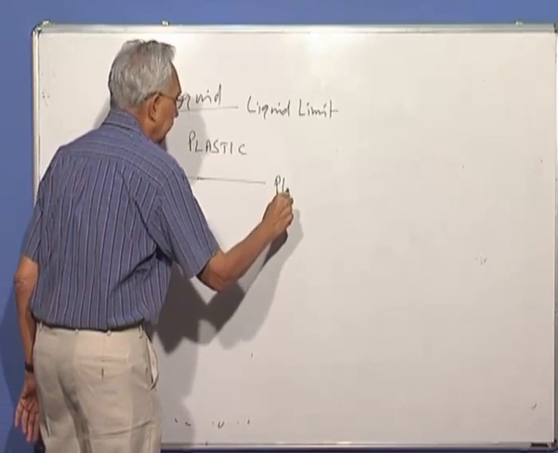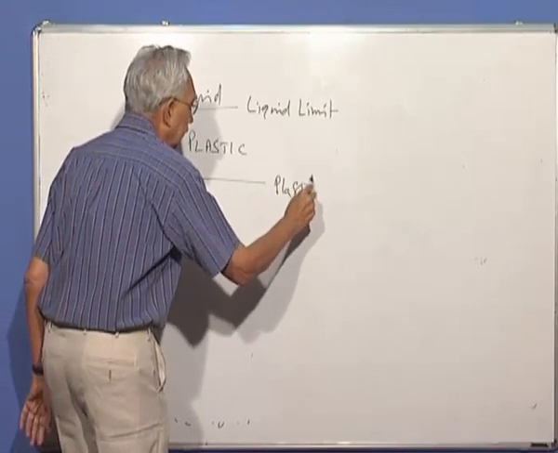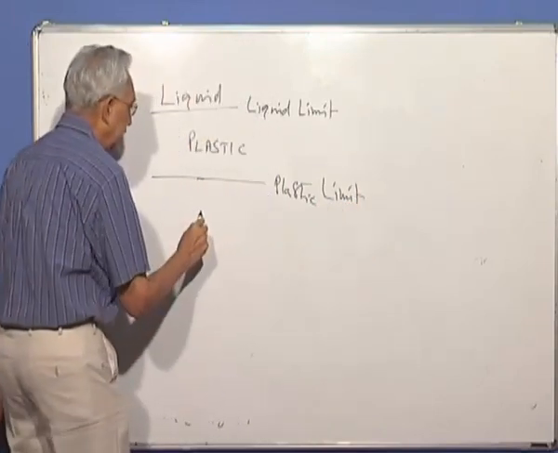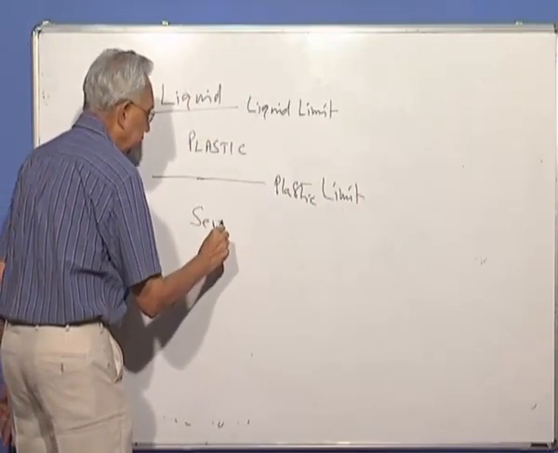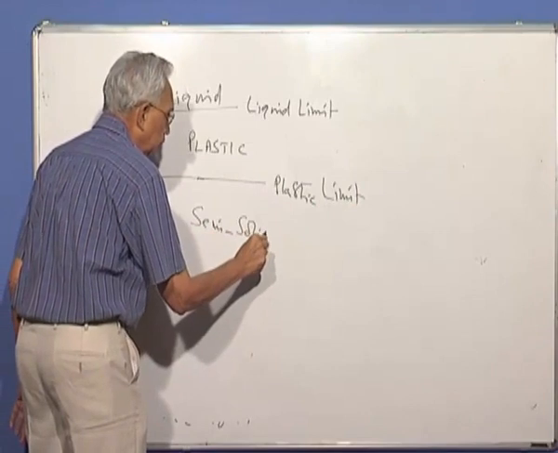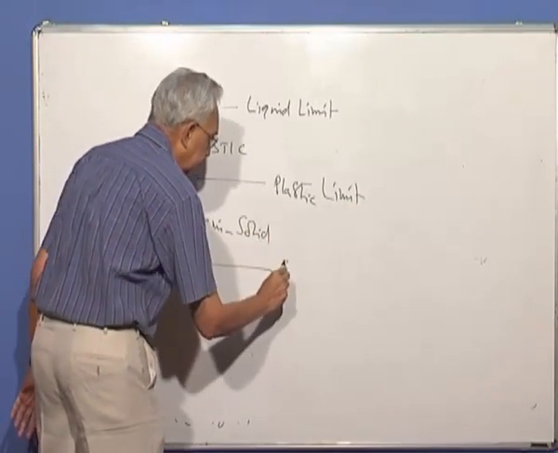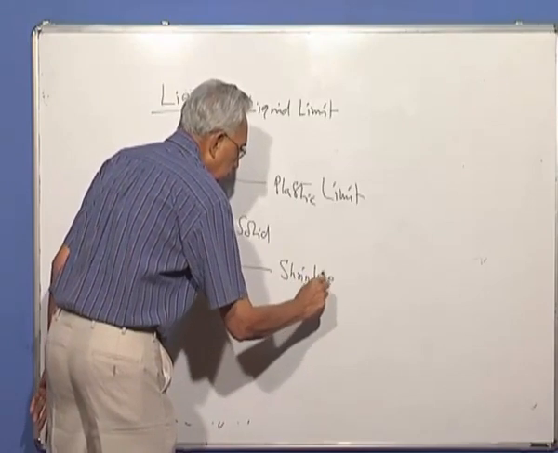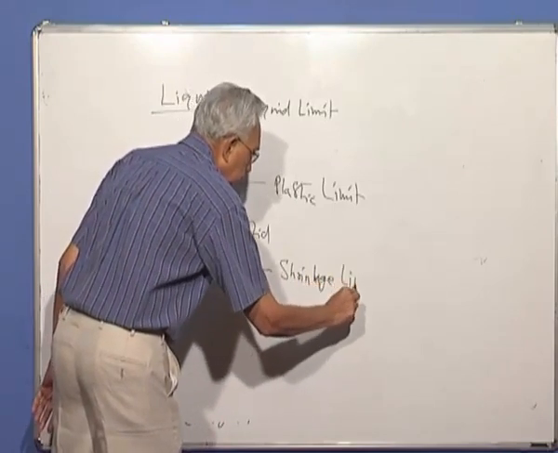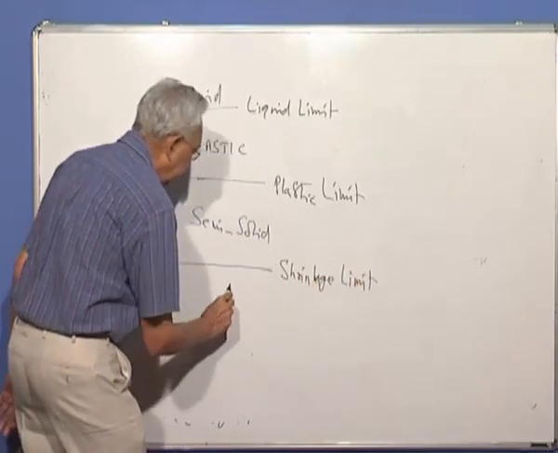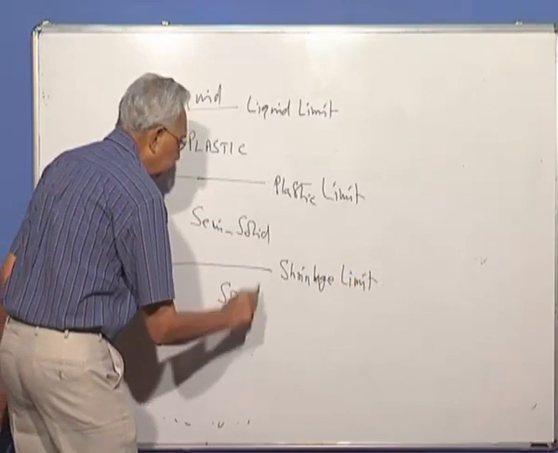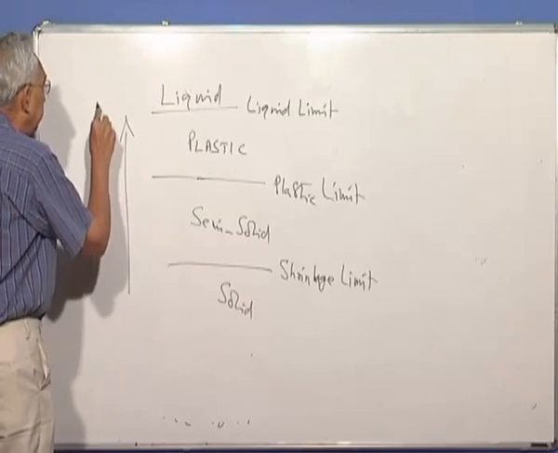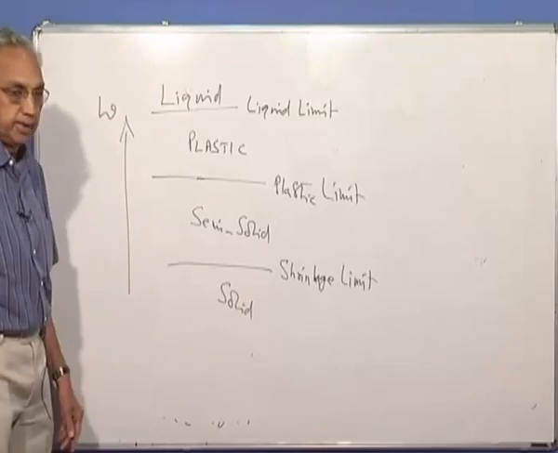So you have plastic limit. And then semi-solid. We have what is called the shrinkage limit. And finally, solid. What it means is, you remember we defined yesterday the water content.